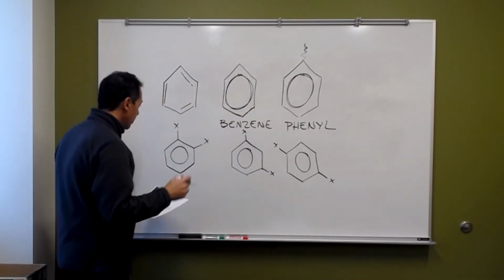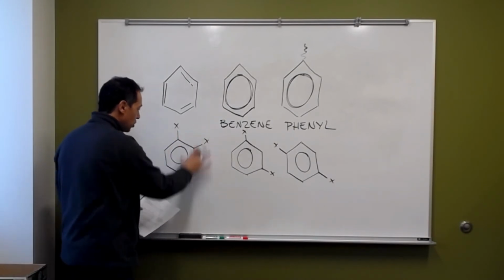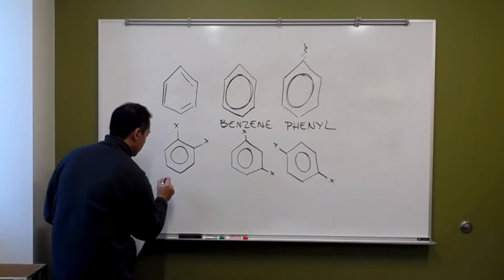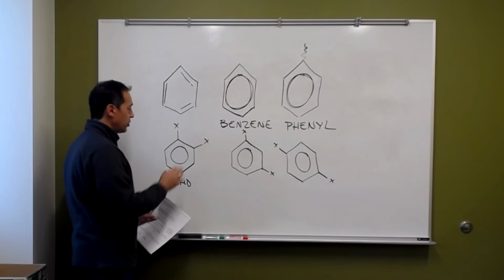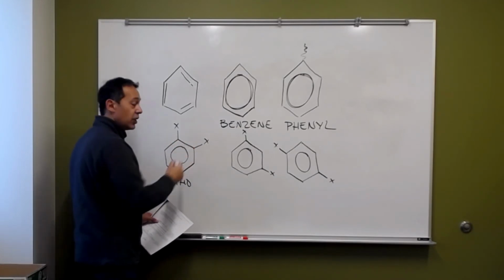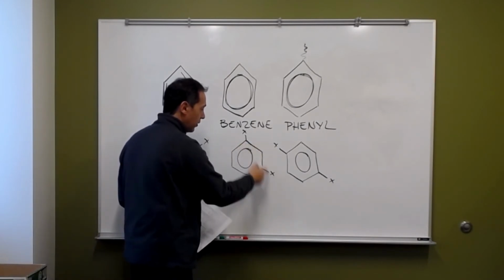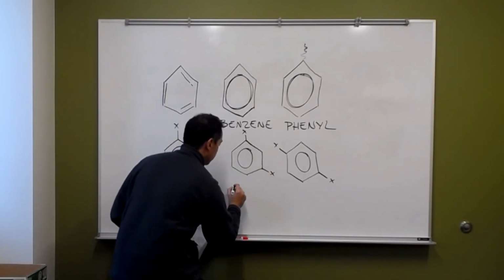Okay, so the names for this now, if they are in this position like this, we call this the ortho position. Ortho position, that is to say that they're next to each other on the benzene ring. Now, if they're like an extra carbon between them like this, where they're spread out a little bit, this is called the meta position.